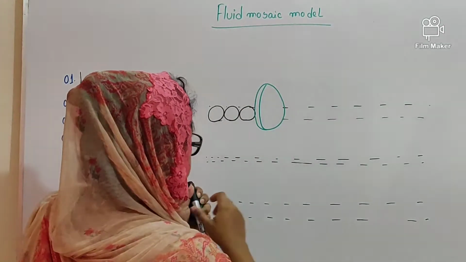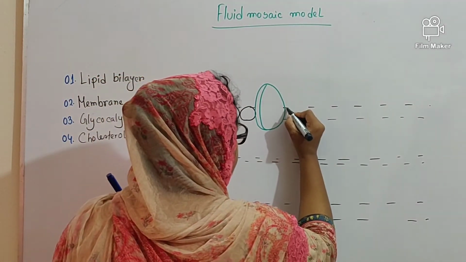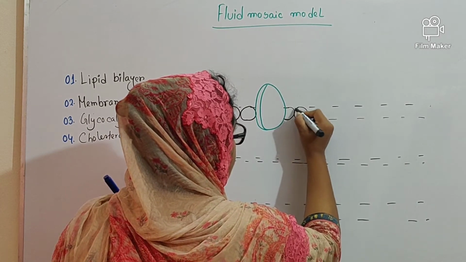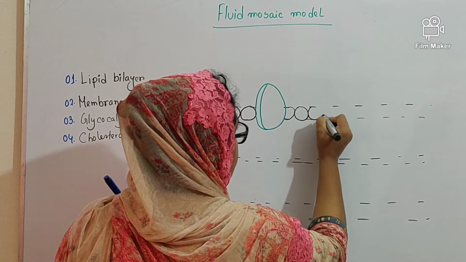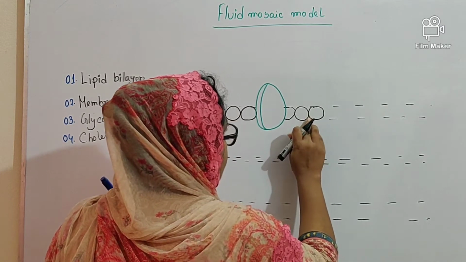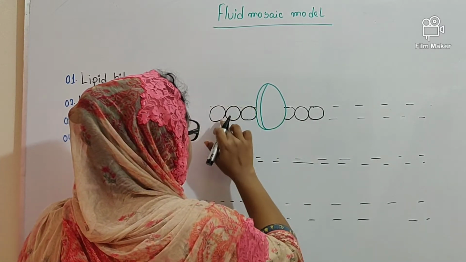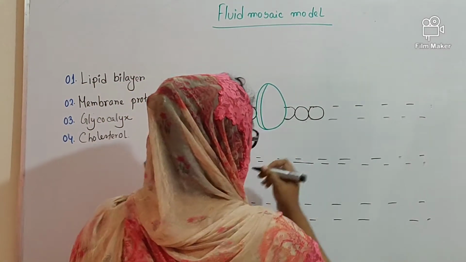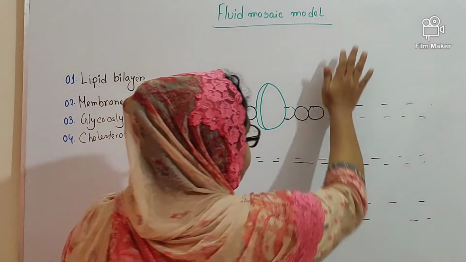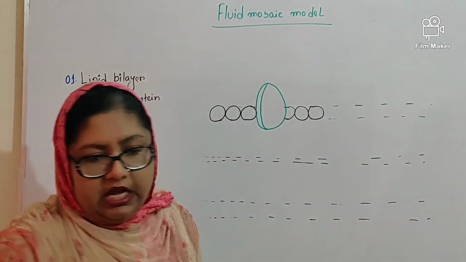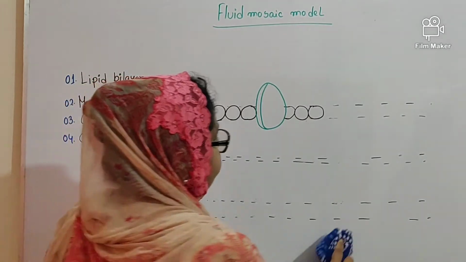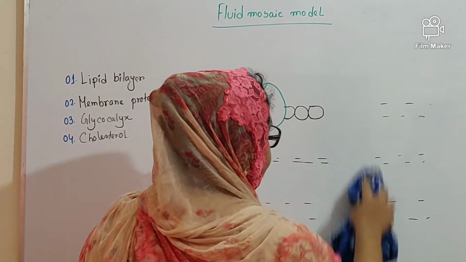This is the protein layer. You can erase all those dots that are seen. Okay, now in the middle place you will draw the integral protein.